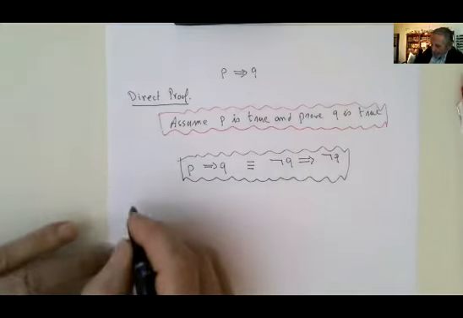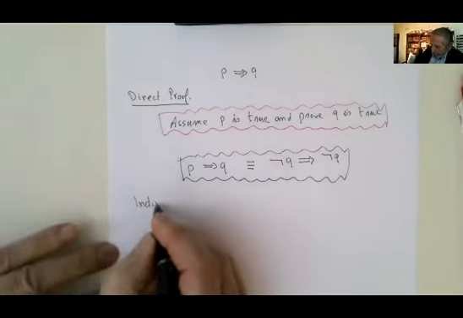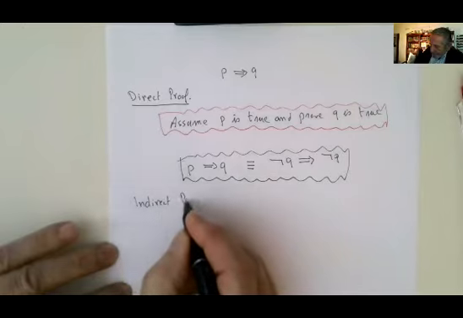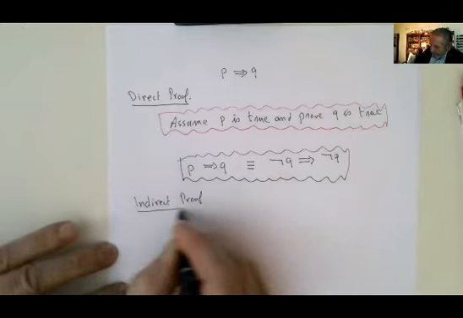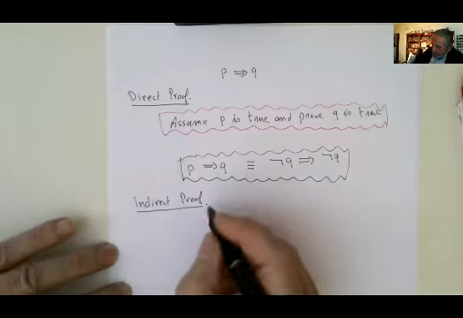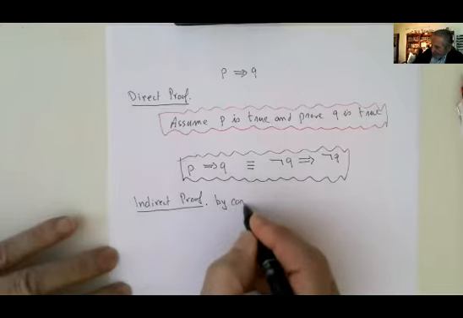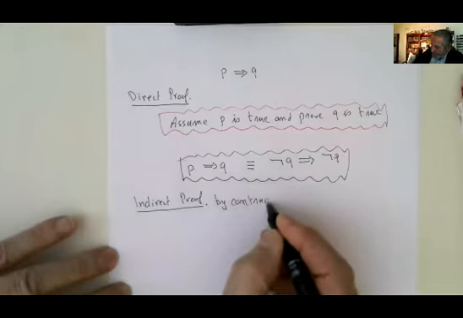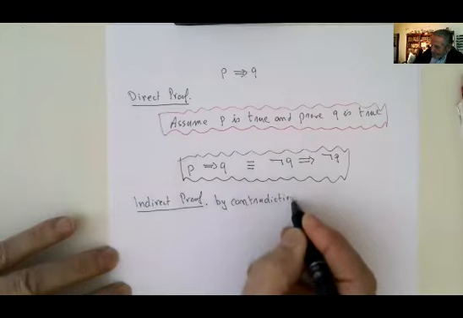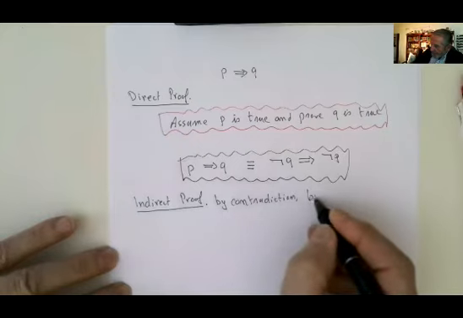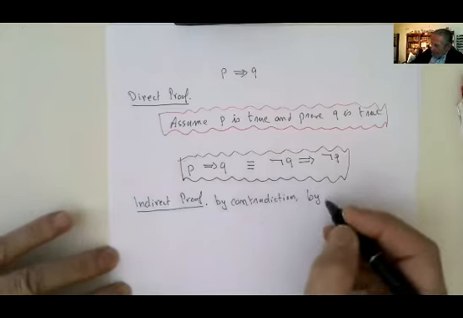So indirect proof, sometimes we call it proof by contradiction, or by contraposition.